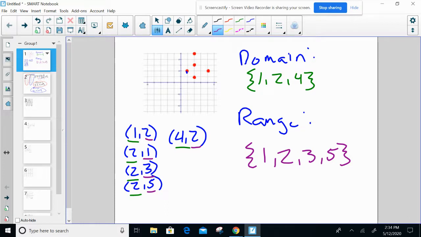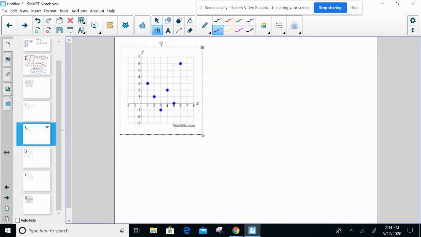All right, so if it is a collection of points, I'm going to do 2 more examples very quickly. So like here, let's look at our domain. You don't want to write out the points, do it this way. Here's your x-axis. Look at what we have. We have a 1, we have a 2, we have a 3, we have a 4, we have a 5, we have a 6.